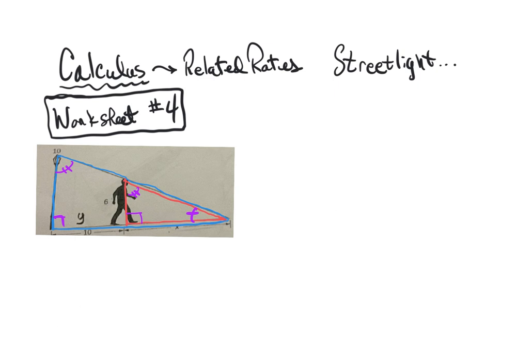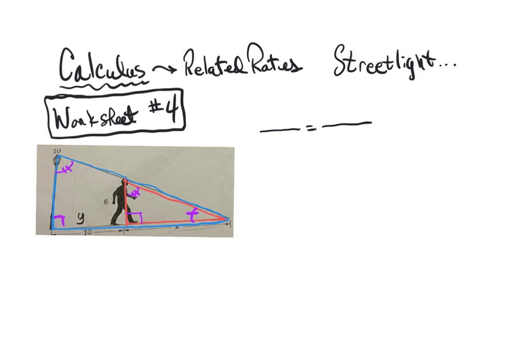What we learned in geometry class is that if we have similar triangles, the ratios of the sides will be proportional. So we're going to create our original equation by creating a ratio from the corresponding sides. The corresponding sides we're going to use are the vertical parts of the triangle, so the height of the street light and the height of the person.